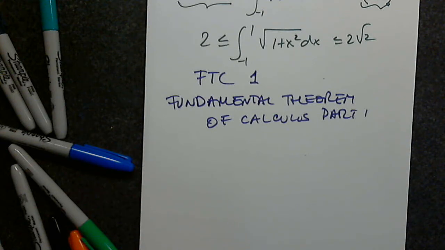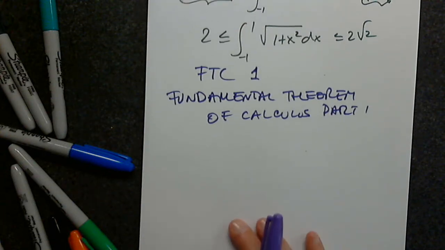The F of b minus F of a. Finding the antiderivative and replacing x by b, the top limit, and then subtracting what we get when we replace x by a, right? That was part 2. Part 1 will teach us something else.